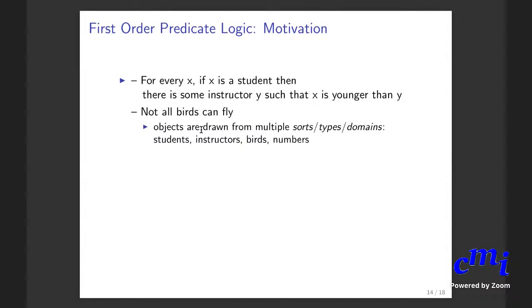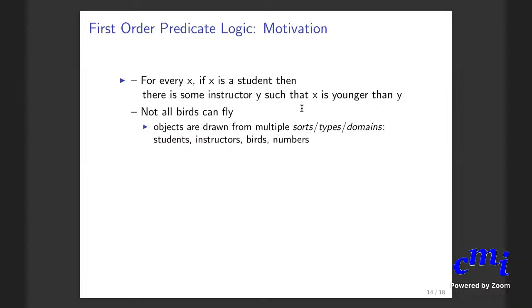There are several concepts needed to make a language expressive enough to describe these kinds of things. First, the objects are drawn from multiple sorts, types, or domains. These are all used interchangeably. For example, we say student: that X is a student. The set of students is a domain.